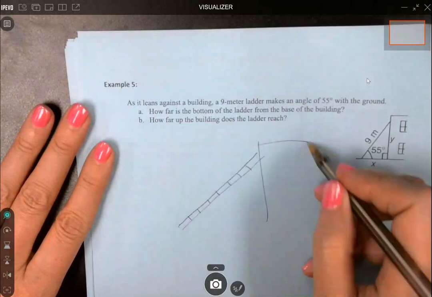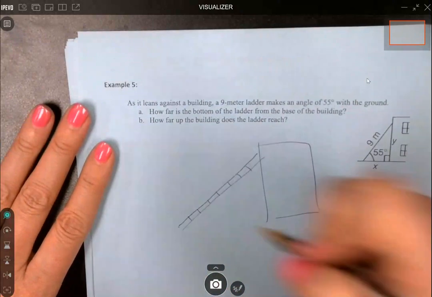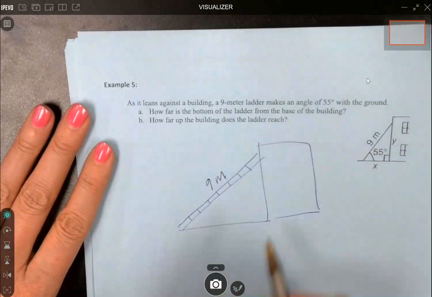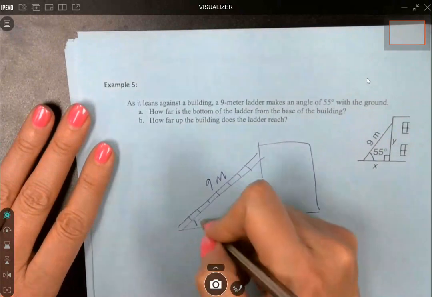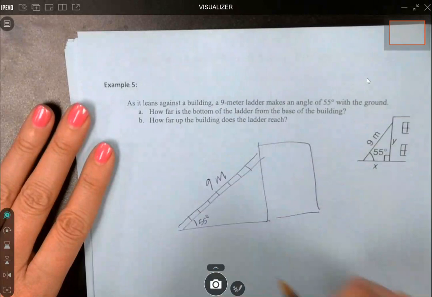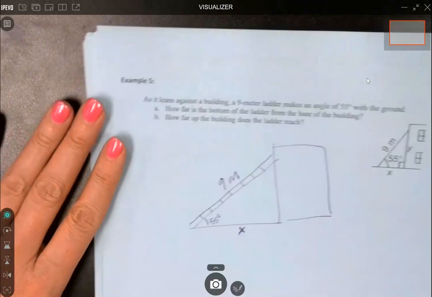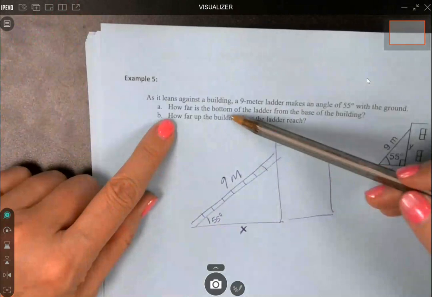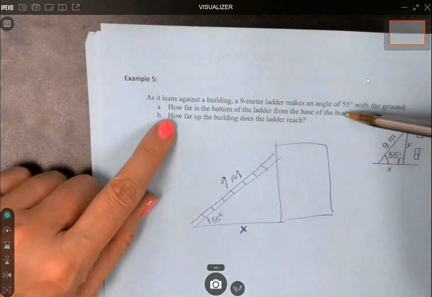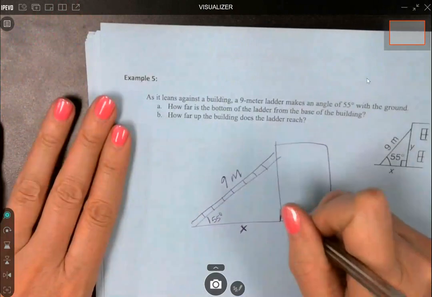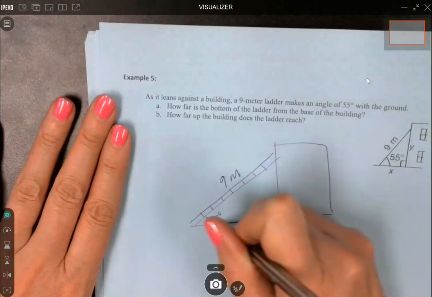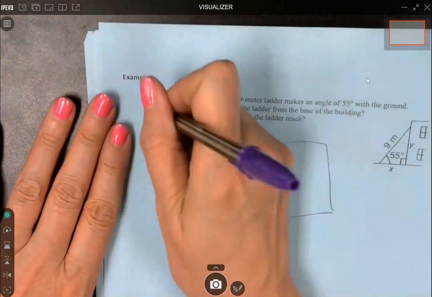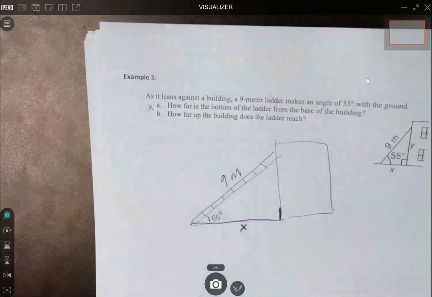It's leaning on the building, okay? The ladder is 9 meters. This angle is 55 degrees, and then this is x. Okay, so it says, how far is the bottom of the ladder from the base of the building? So here's the base of the building, and I want to know the bottom of the ladder. So part A is asking for x.